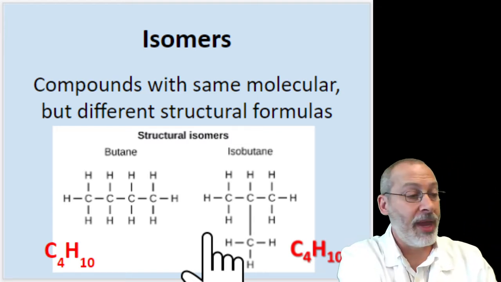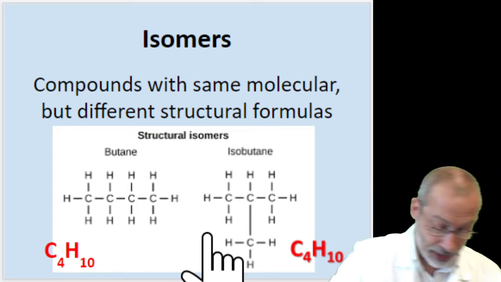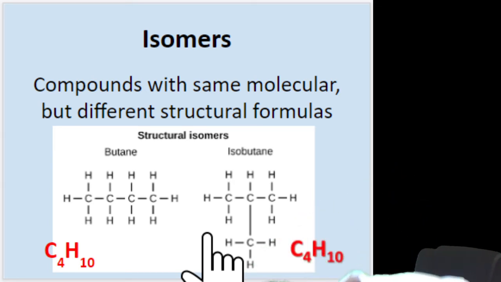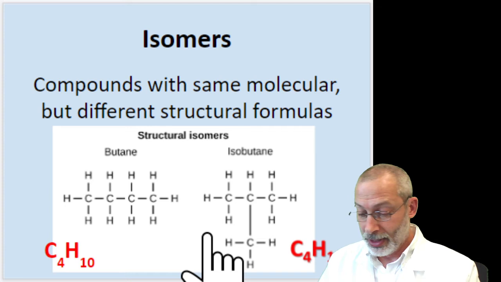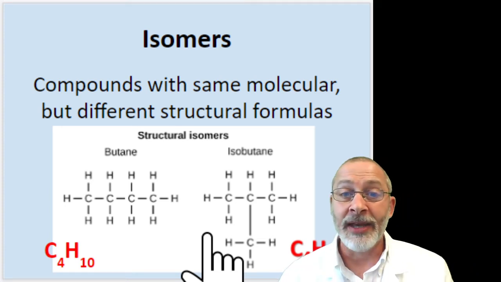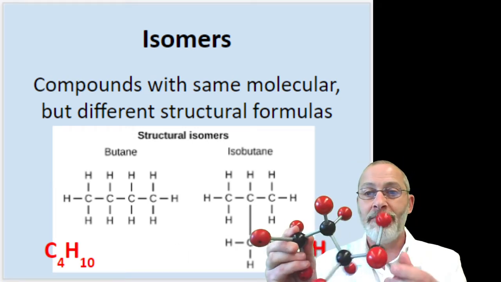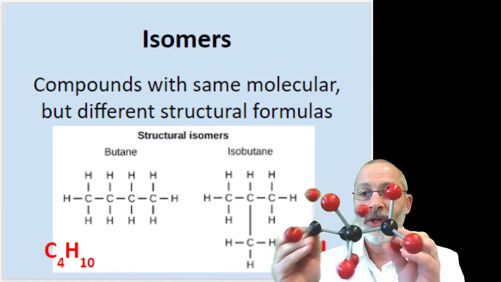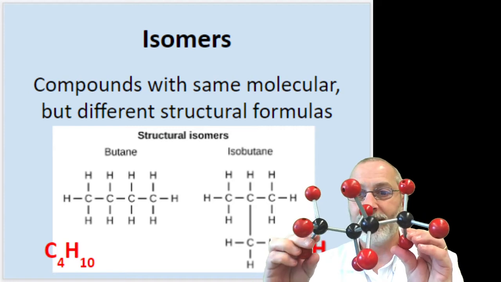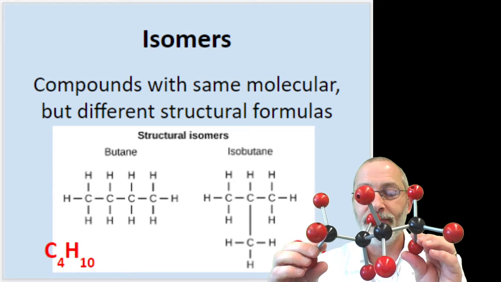But means how many carbons? 4. Ane, butane, the suffix, what does that refer to? The type of bond between carbons. And ane refers to all single bonds. So here I have a model of butane. 4 carbons and all single bonds.